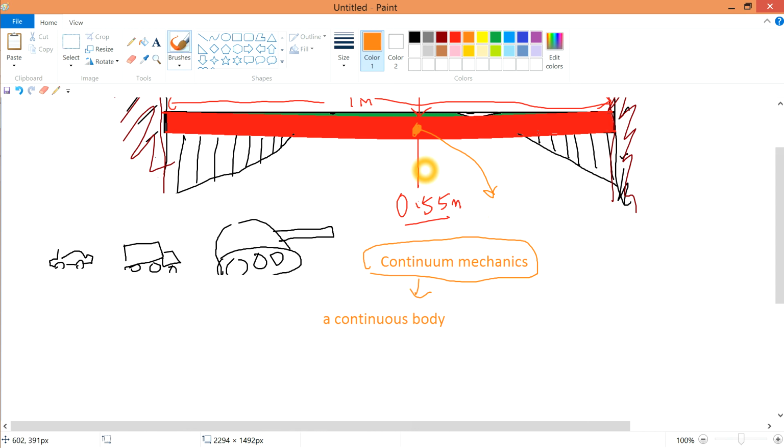For example, by definition, if you take a look at this soccer ball, it is in fact a continuous body. But if you were to zoom in 1000 times, you will see particles, atoms, and they aren't actually together. They have some distance apart.